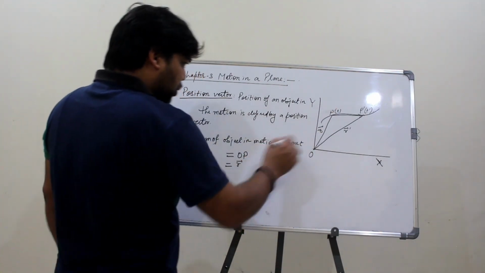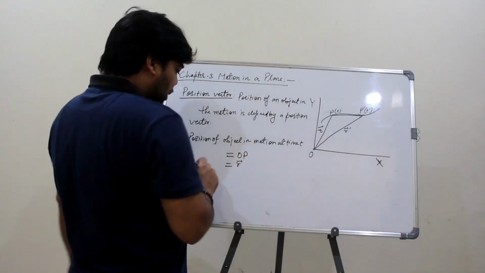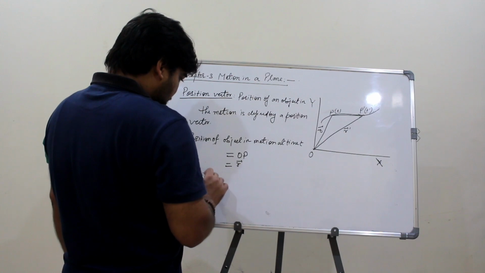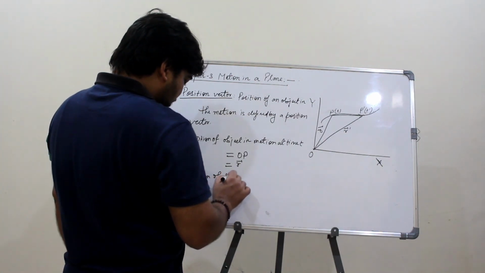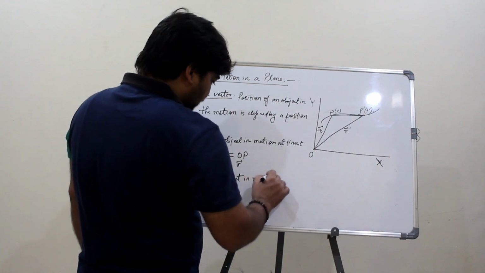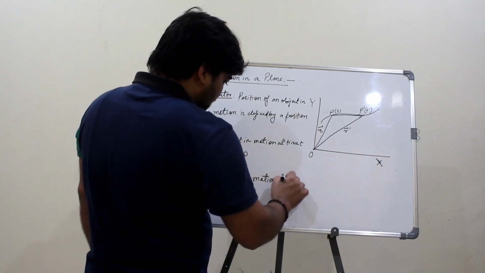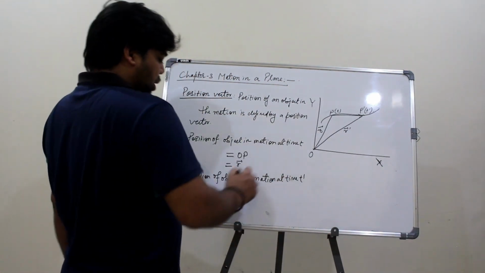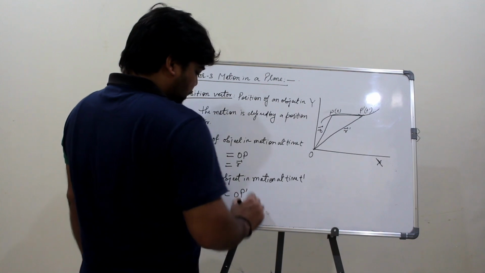Similarly, the position of the object in motion at time t dash is how much? So it is OP dash, right?